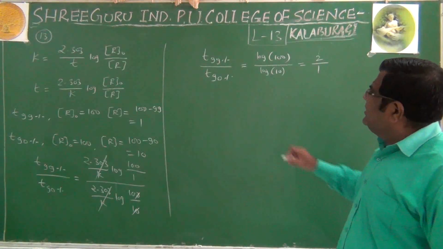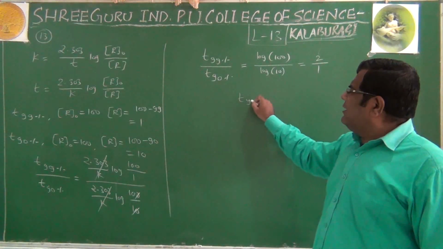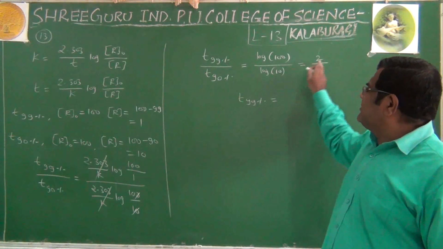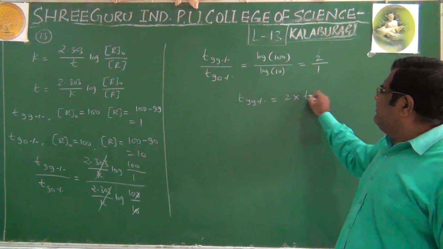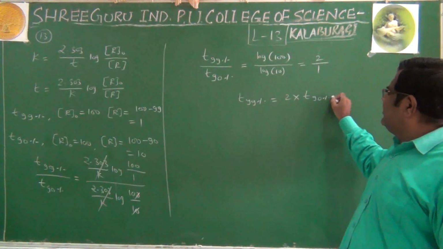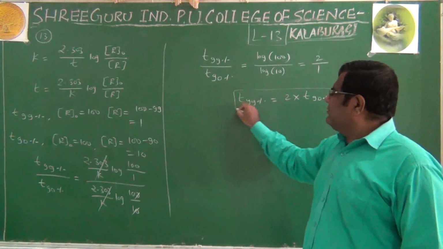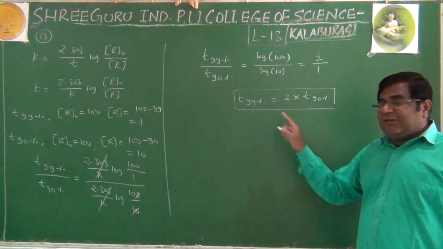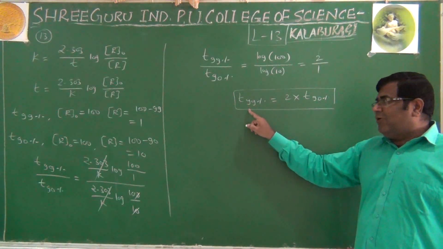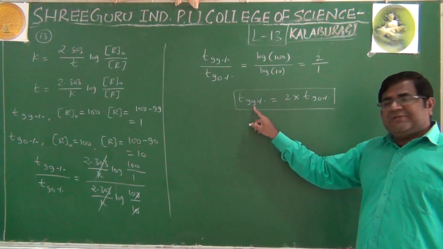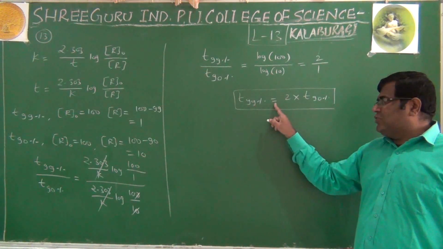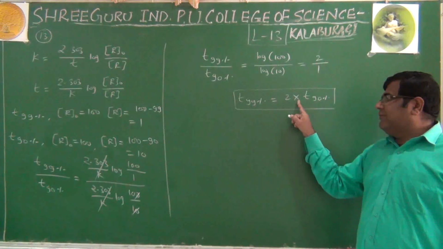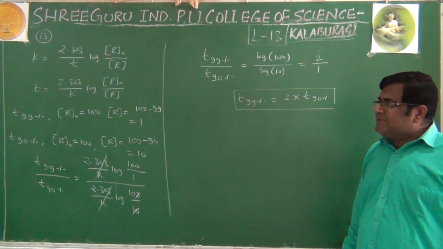Then we can easily transfer this: t 99% is equal to 2 multiplied by t 90%. So for a first order reaction, the time required for completion of 99% of the reaction is equal to 2 times the time required for 90% completion.